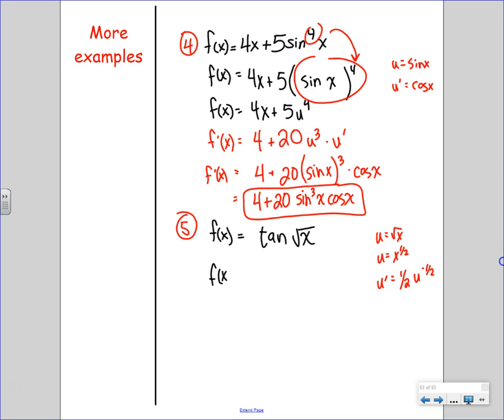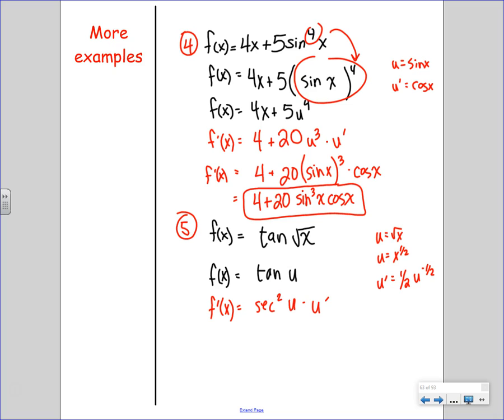So ugly. Honestly, it's so ugly. I don't think I can simplify it more.